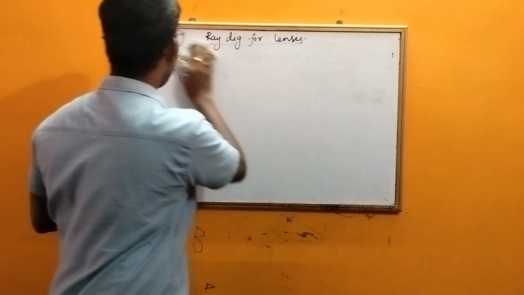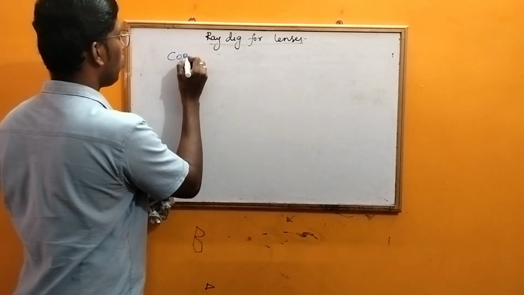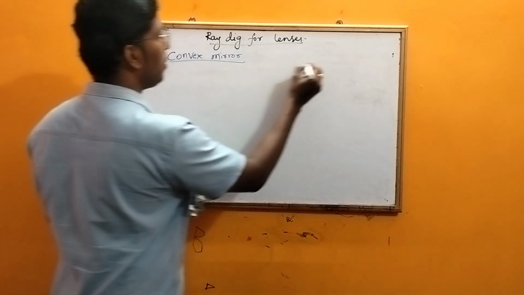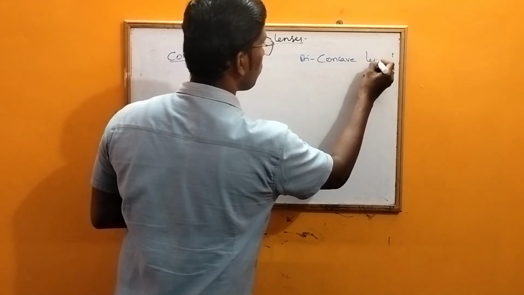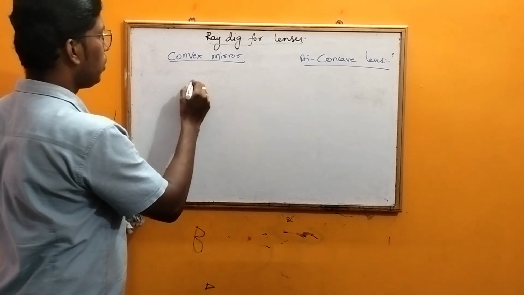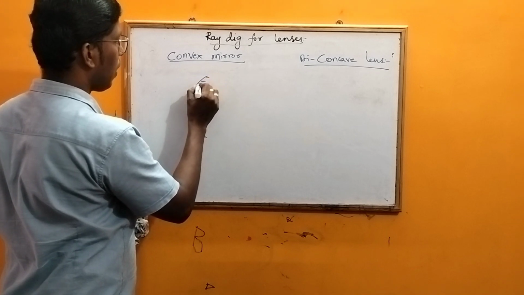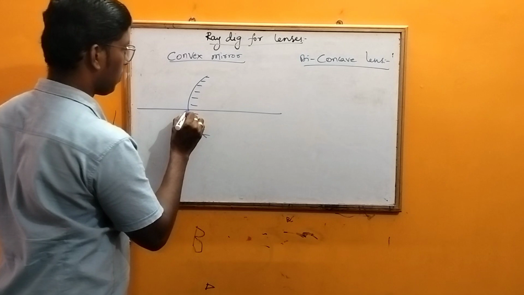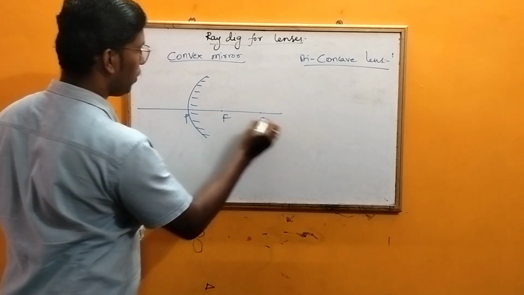Okay, I will draw the diagram here. Convex mirror and biconcave lens. Okay, convex mirror. Focus, center of curvature.